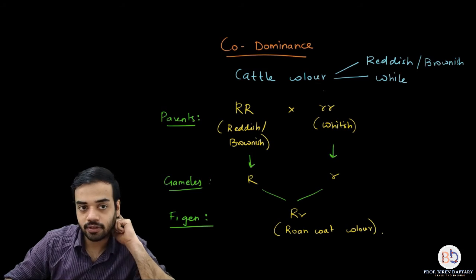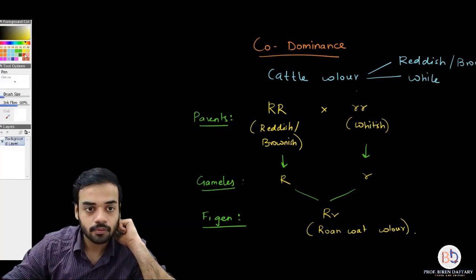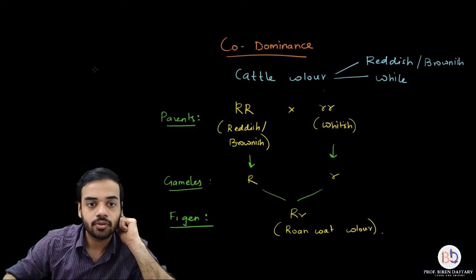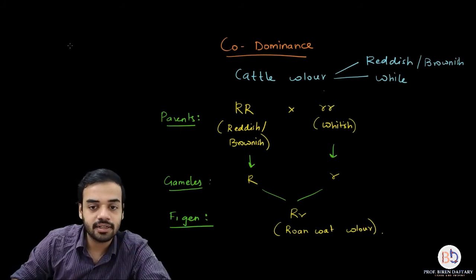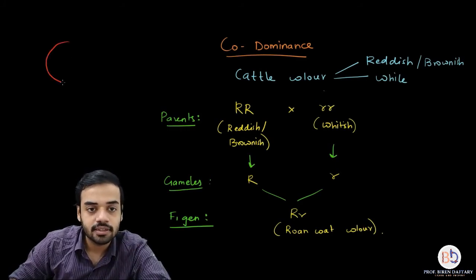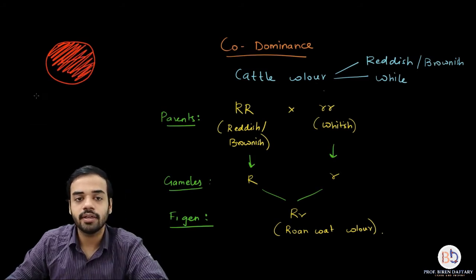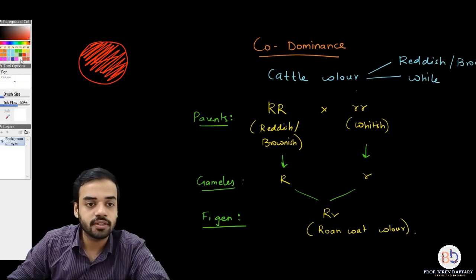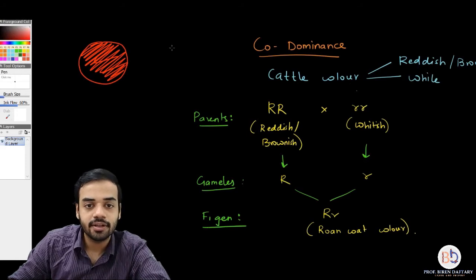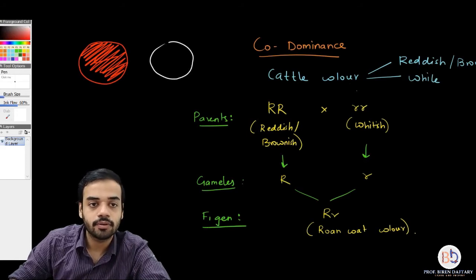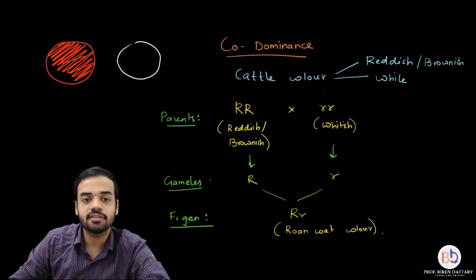Suppose, okay, let me just take this color. Just imagine that this is the cattle having red colored coat, and it is crossed with a cattle having white colored coat. This is the white colored coat.